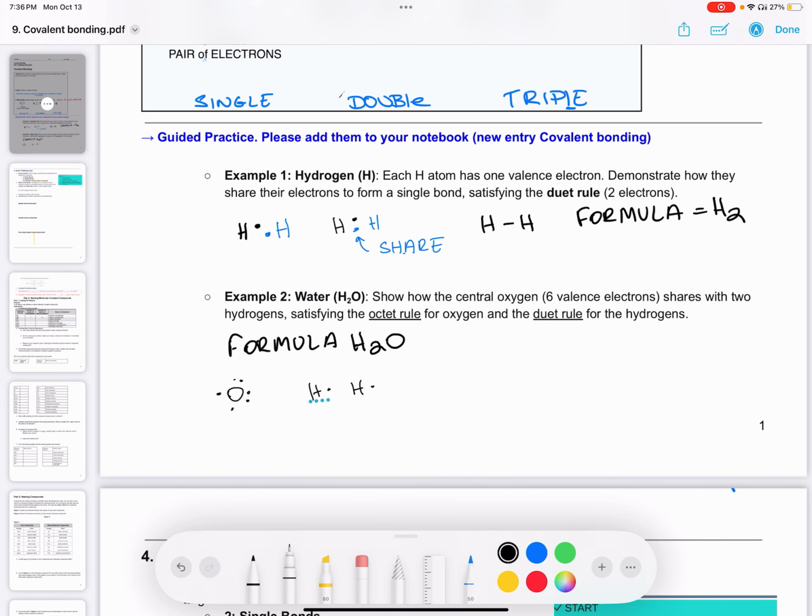When they come together, let me make the hydrogen electrons different colors so you can see. This one would be red, and this one would be yellow. That way you can actually see what I'm talking about. So oxygen comes in, and then one yellow from this hydrogen and one red from this one.